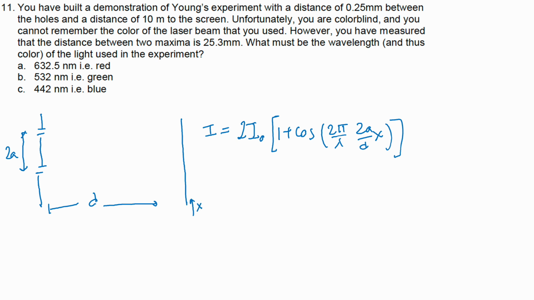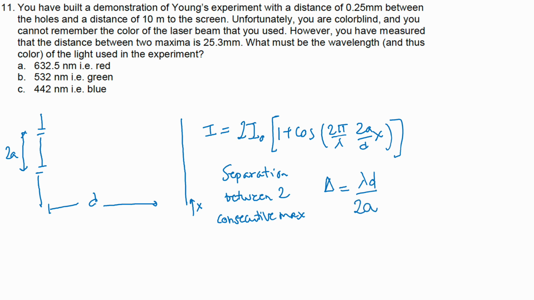And they are saying that the separation between 2 consecutive maxima, which we already know is the same as for 2 consecutive minima, is lambda d over 2a. The problem tells us that this is 25.3 millimeters.